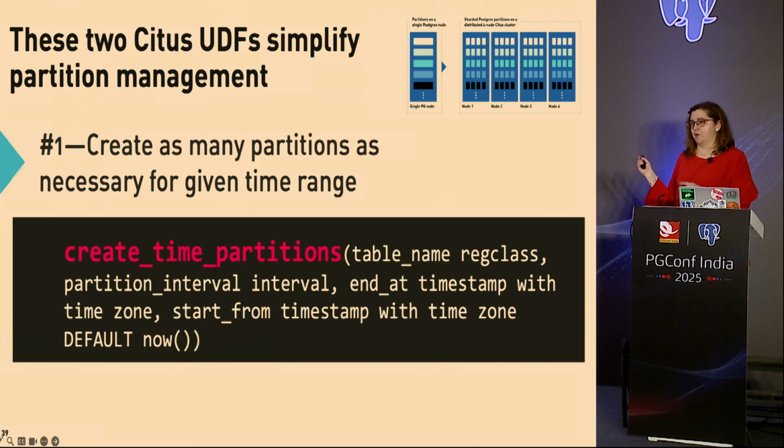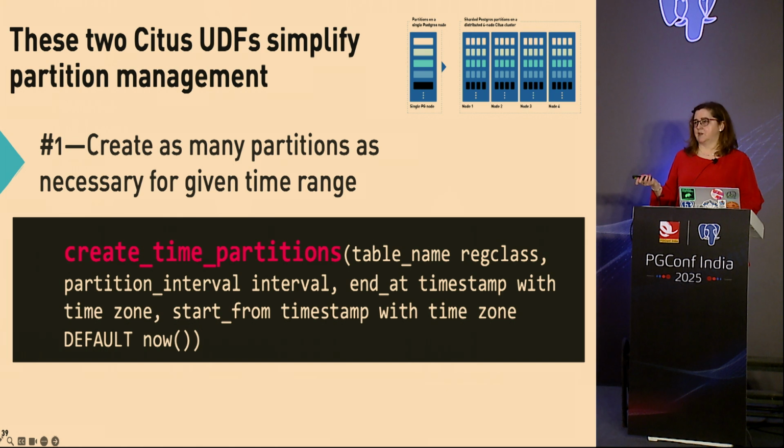Before I move on to a comparison between partitioning and sharding, which might be helpful, I want to point out that because there is so much management of partitioning, the Citus team created 2 UDFs. UDF stands for user-defined function in Postgres, and they try to make it easier to use Citus sharding along with Postgres partitioning together.